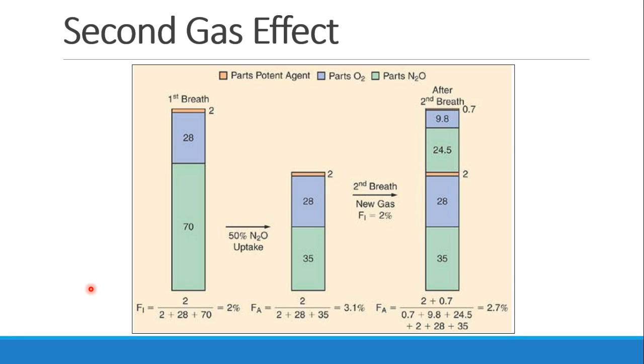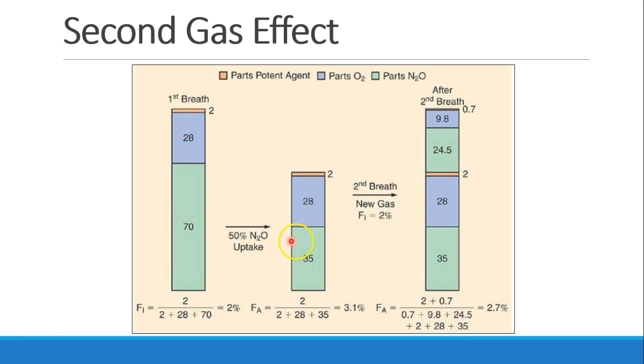And here's a graphic that shows that. The patient's first breath is 70% nitrous oxide, 28% oxygen, and 2 parts, let's say, sevoflurane. So the FI is 2%.